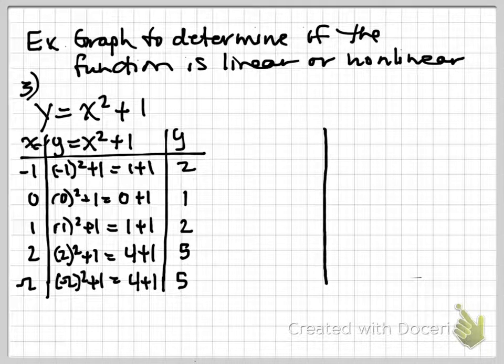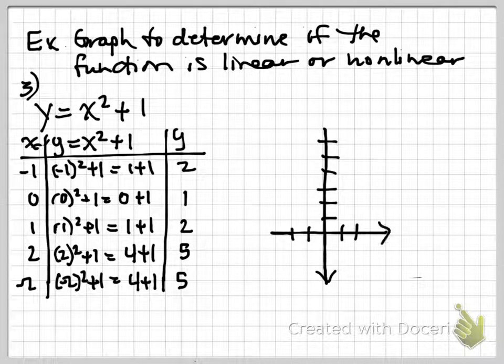So I need to go up as high as 5: 3, 2, 1. And I need to go right and left 2. So again, I always kind of cater my graphs to my numbers. Here's x, here's y. 2, 4, 6, -2. And then I'm going to graph those points.